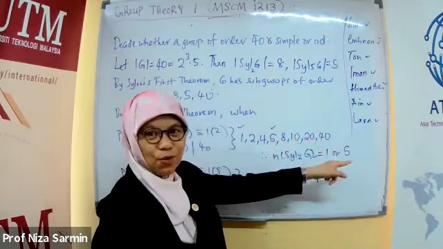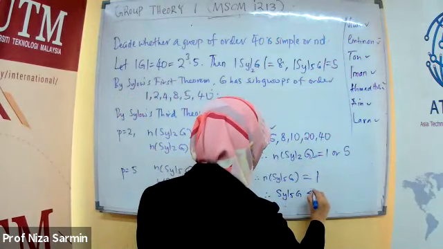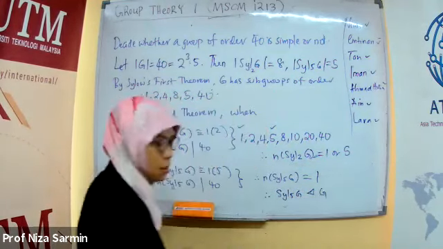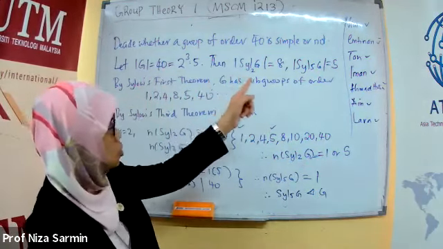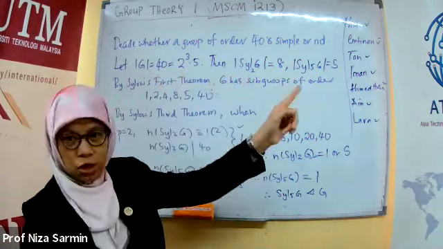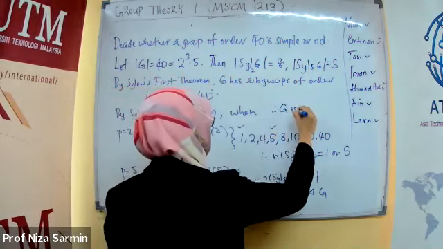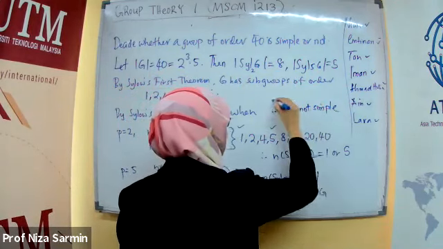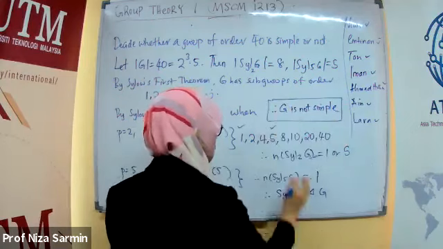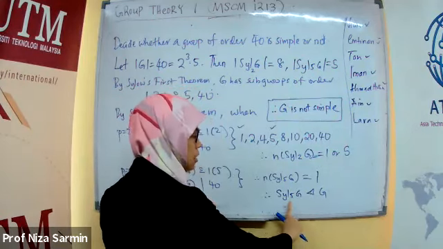Right? So Sylow 5 of G is normal in G. Okay, what's the answer? So, is G simple or not? G is not simple, because G has a proper, normal, non-trivial subgroup.